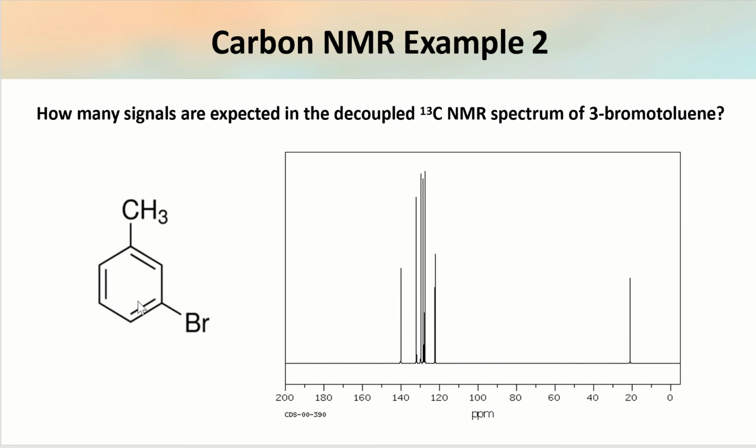And we have our aromatic carbons, 6 of them. All of them are in different environments because we don't have a symmetric molecule here. So we have 6 carbons plus 1, 7. Here all 6 aromatic carbons are in a different environment from our methyl. So we have 7 signals.